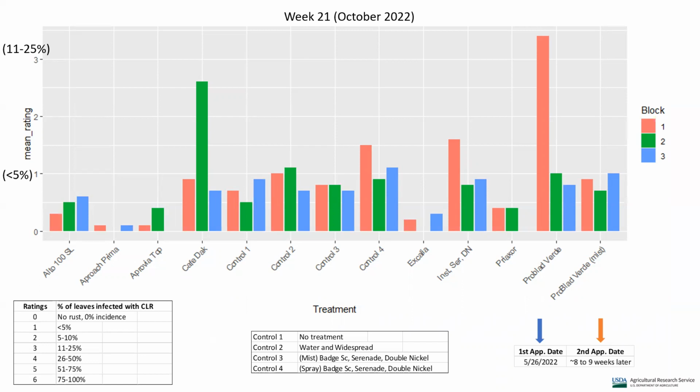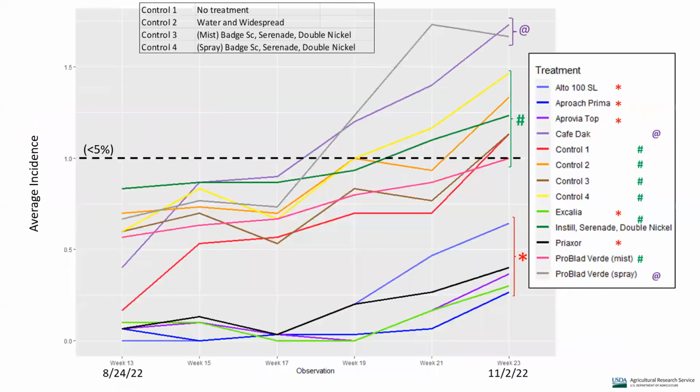This really speaks to the microclimate available, whether that be the airflow or perhaps the shading, but you can see that in some instances, there's definitely a hot spot to pay attention to. But again, in most cases, well beneath that 5% incidence rating.